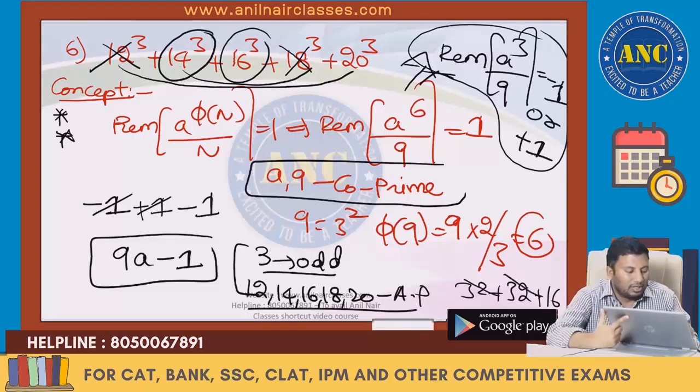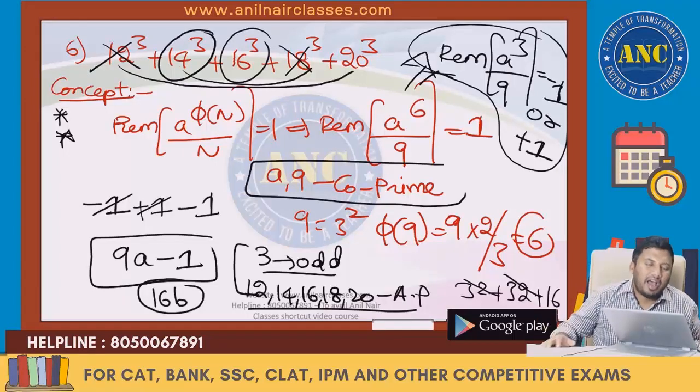All are divisible, so the answer should also be divisible by 16. Finish. When divided by 9, it gives a remainder of minus 1. The answer is also divisible by 16. 12 plus 20 is divisible by 16, 14 plus 18 is divisible by 16, and 16 anyway is divisible by 16.